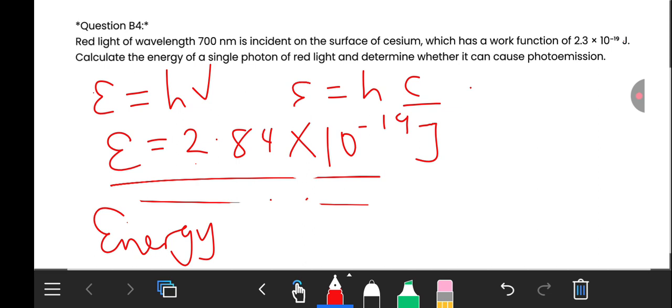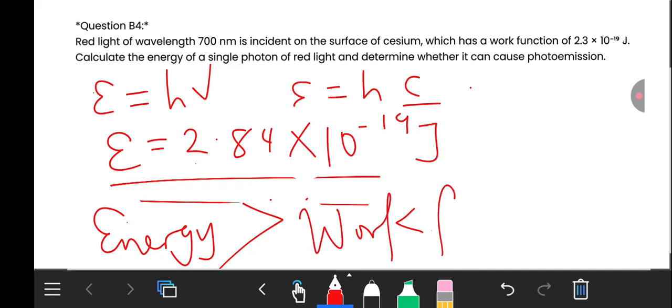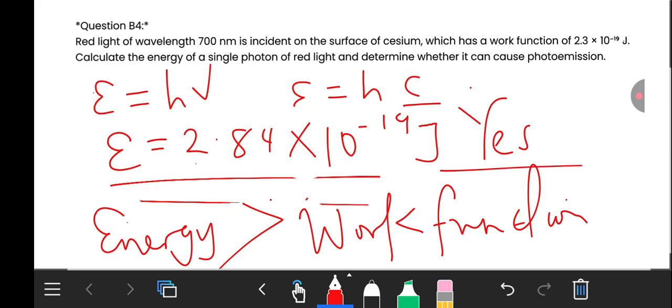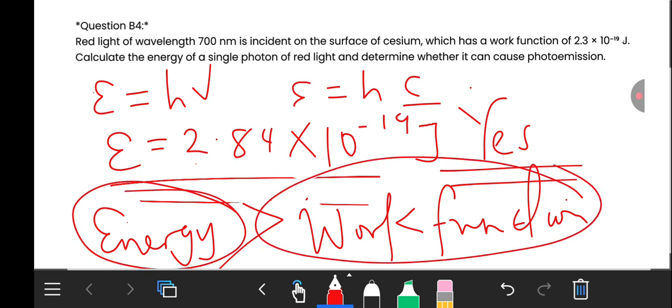So the energy we found is greater than the work function. What can we conclude? We are safe to say that yes, photo emission will occur, because the incident energy is greater than the threshold energy or the work function. So this is how you can answer this question.